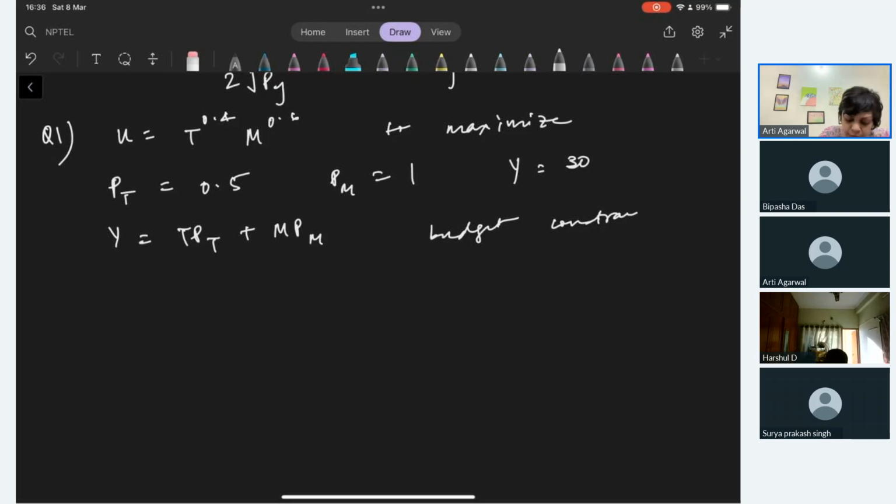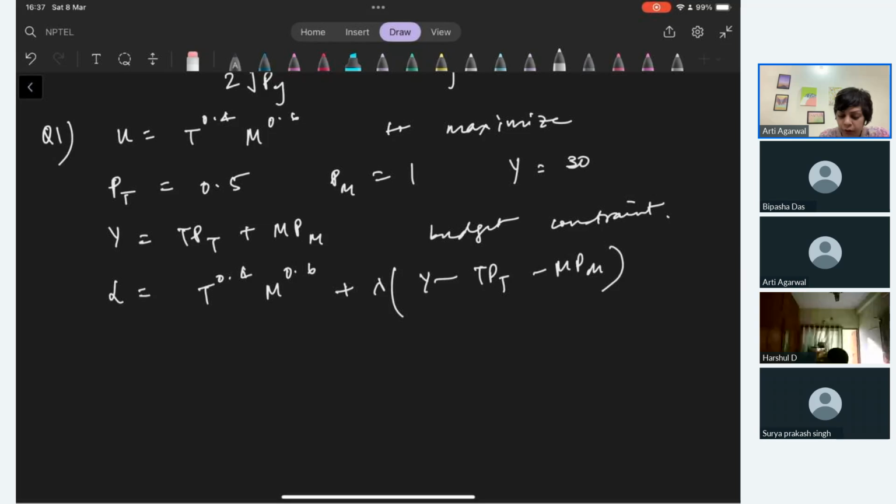So we write the Lagrangian. This is the expression for the Lagrangian. You write the objective function plus lambda, the Lagrange multiplier, multiplied by the budget constraint rearranged so that the constant minus all the other variables is equal to 0.